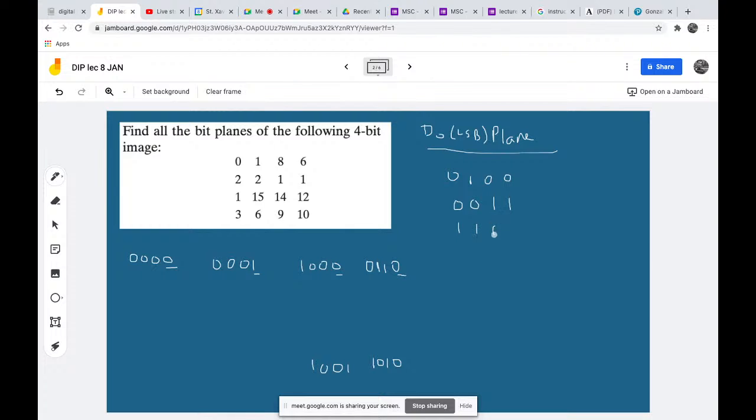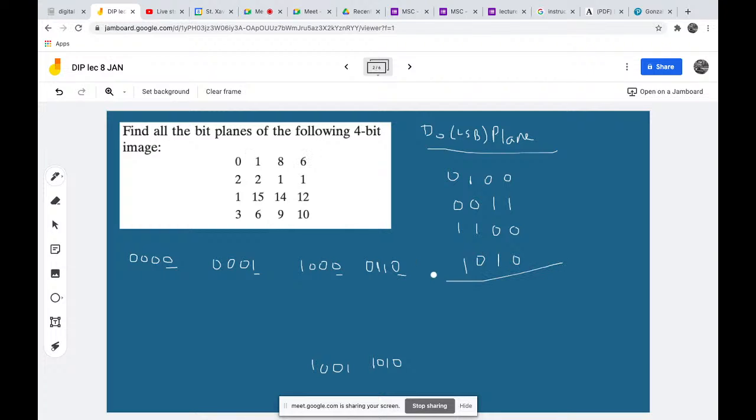Others, please check if you are finding any inconsistency. Let me know. Last line, please tell. Two digits I have, 1 and 0. What about the first two digits? 1, 0. Okay, so this is my D0 plane.